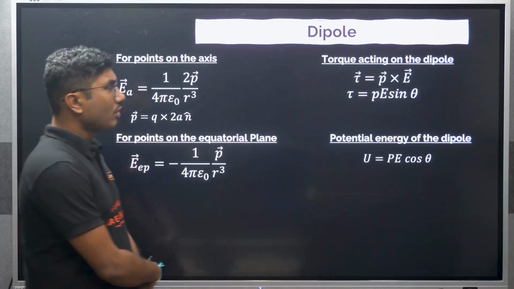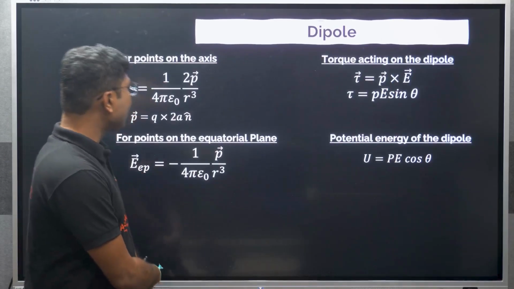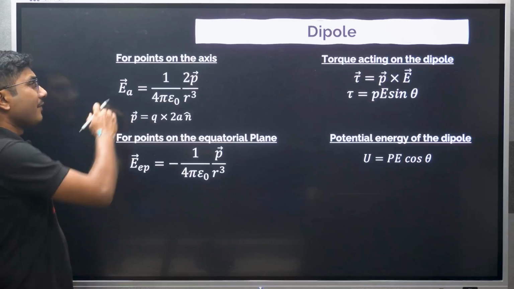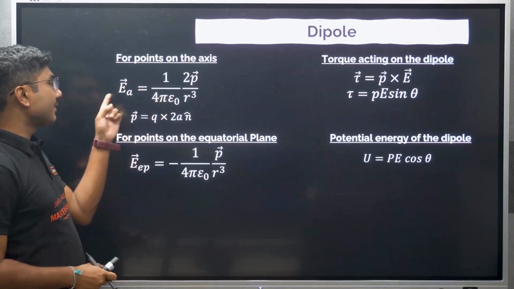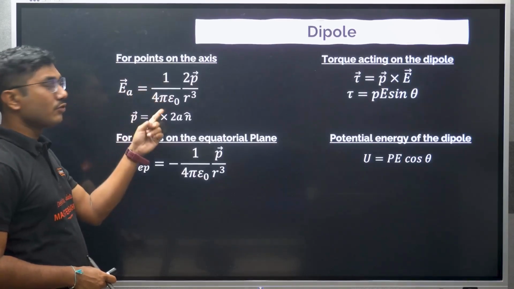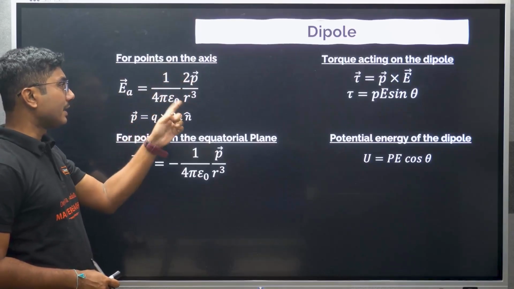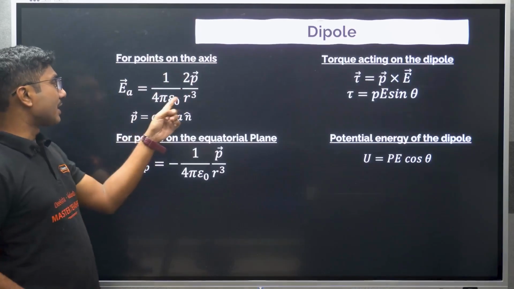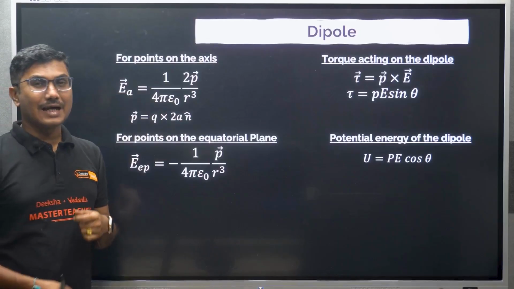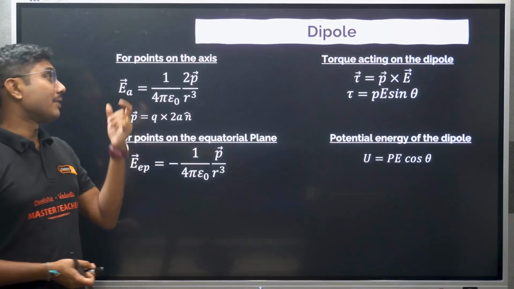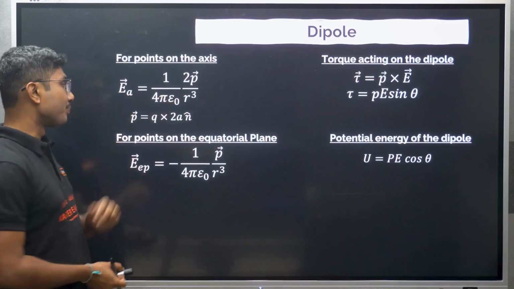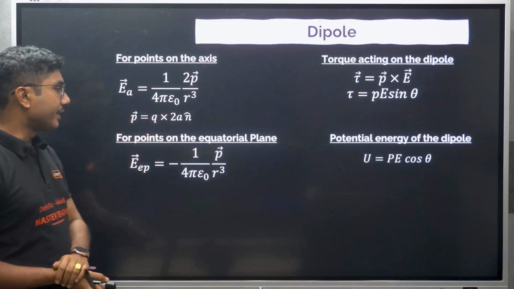Now, in terms of dipole, there are a few terms that you need to remember. The electric field on the axis of a dipole is given by 1 by 4 pi epsilon naught, 2p vector divided by r cube. As you can see, electric field normally varies as 1 upon r square, but for a dipole it is 1 upon r cube. Here the dipole moment is already defined.